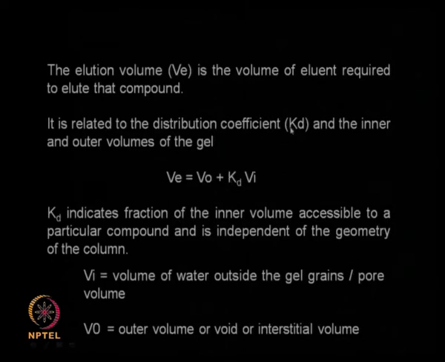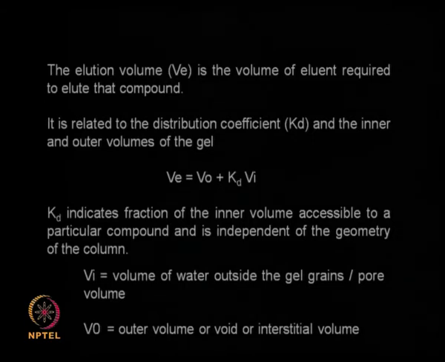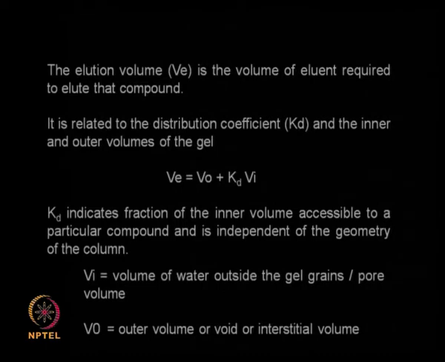Kd is something like a distribution coefficient, that means distribution between the inner volume and the outer volume. Kd indicates the fraction of the inner volume accessible to a particular compound. So Kd depends upon the geometry of the column, it depends upon the geometry of the packing and so on actually. So Kd can be large, Kd can be small, Kd can be 0, Kd can be 1 and so on actually. Depending upon that my left hand side varies, that is the elution volume.